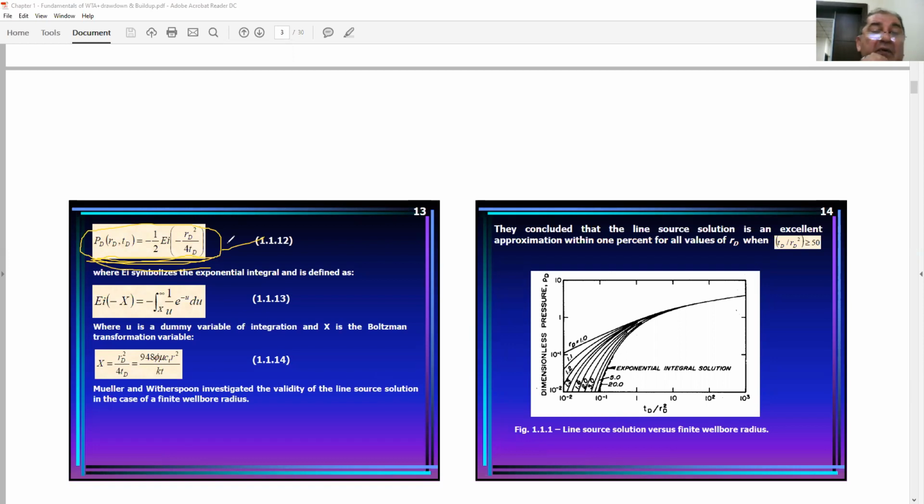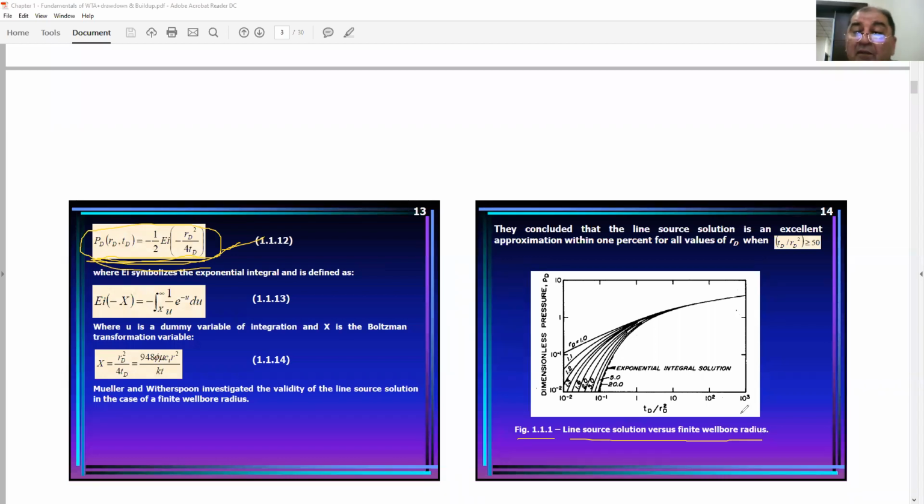Now, in the literature, you're going to find some ready-made solutions for this model. For example, one of them is shown in Figure 1.1.1. This is the line source solution for finite wellbore radius.